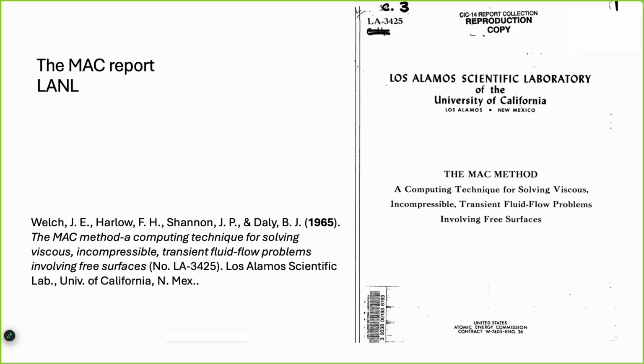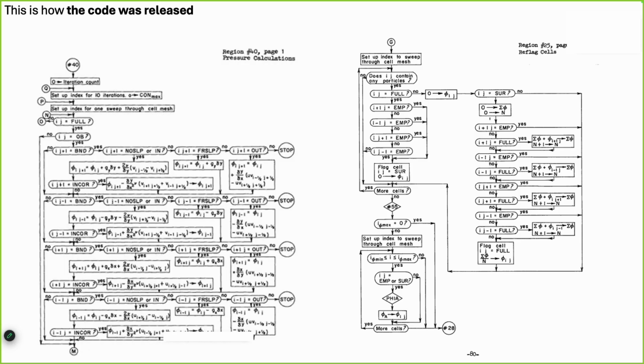But anyway, the MAC method is a method of solving the Navier-Stokes equation with a free surface. So this particular method gives you a solution to the incompressible Navier-Stokes equations with particles that show where the fluid is going. It is not simple, but it was provided in this way.